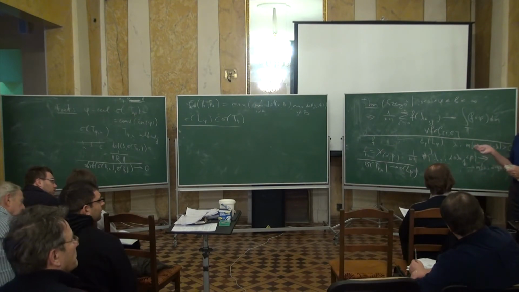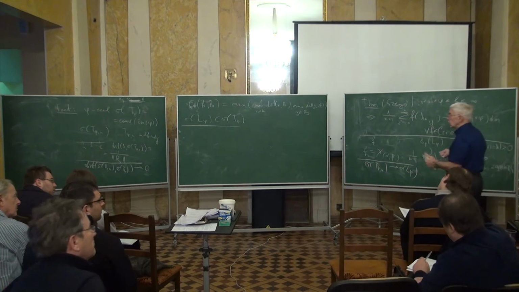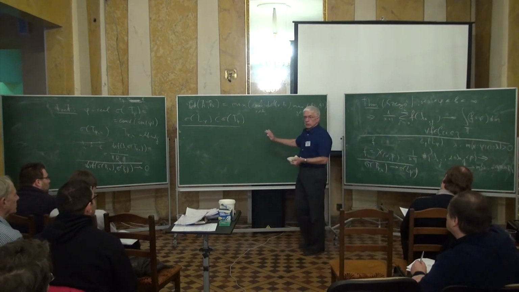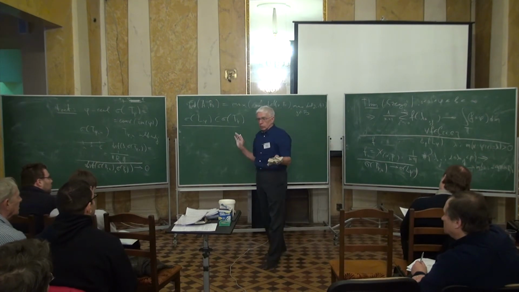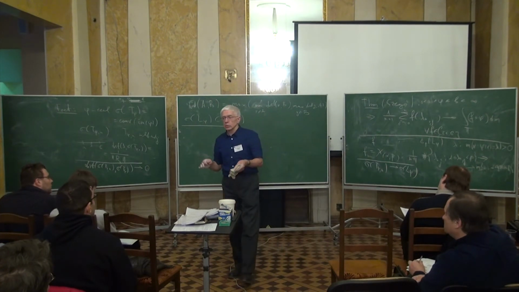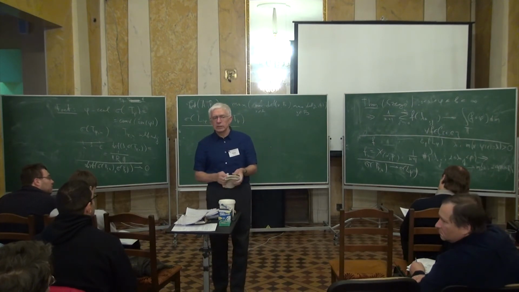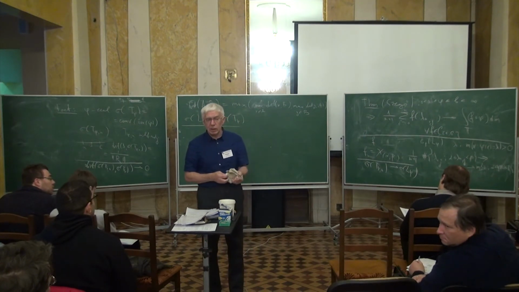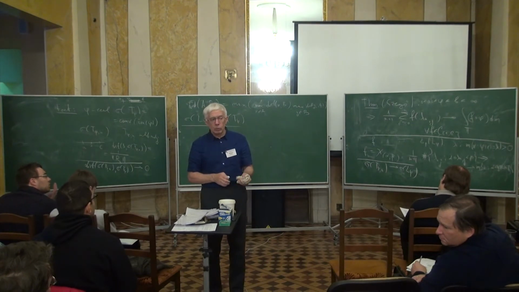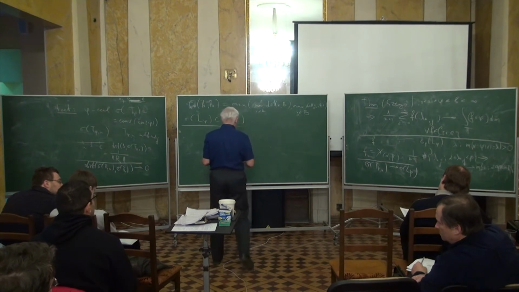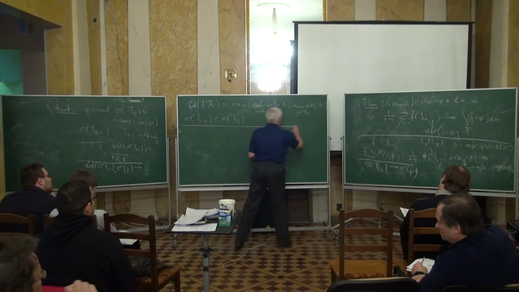And so how to proceed for complex symbols? Nothing from the previous technique will work, because I started with the Gram matrix, which is positive, and so on, which was based on the positivity of the symbol. So for complex, we need to change the technique completely. And there are many techniques to treat the complex case.